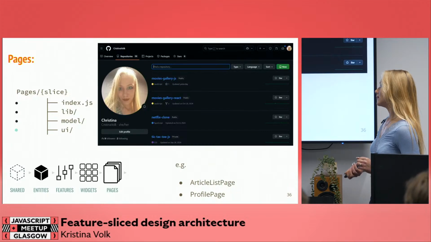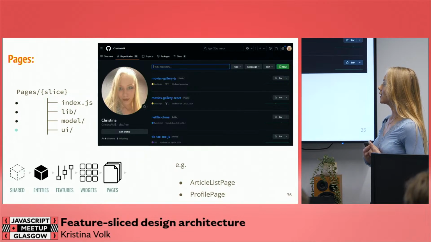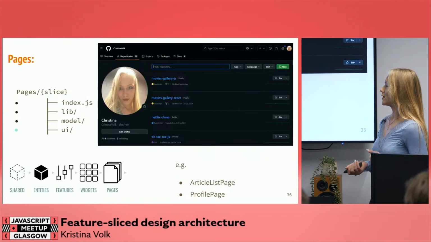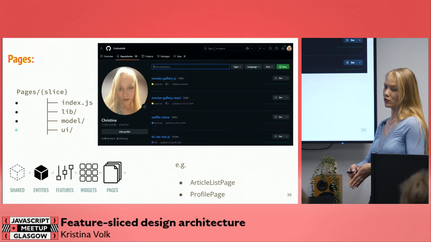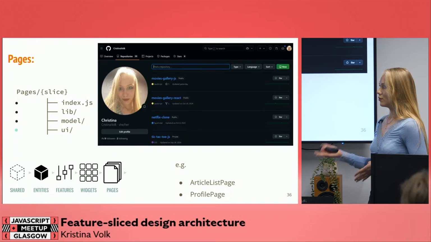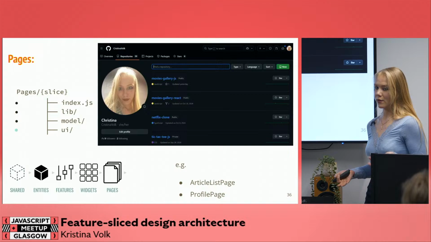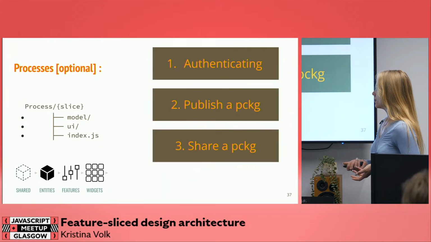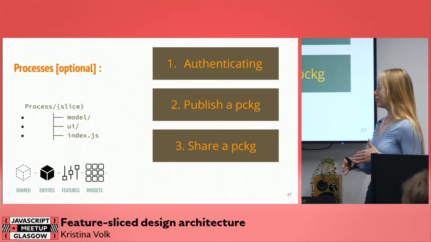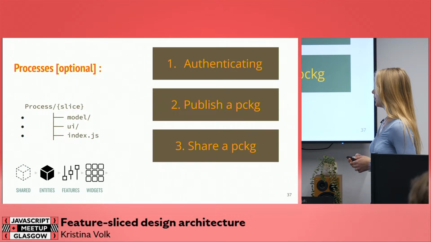Pages. Yeah, I think everybody understands. So one page stores the widget features or entities that are related only to one page, because one page does not need to know what's happening on the other. We are reducing the problem with cross imports here.